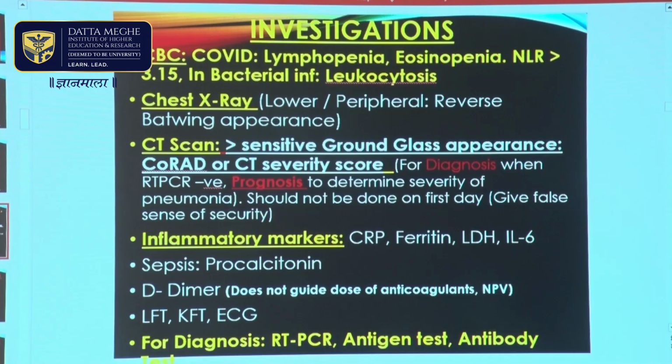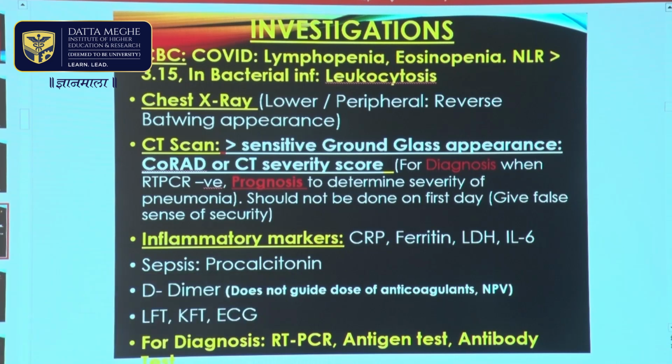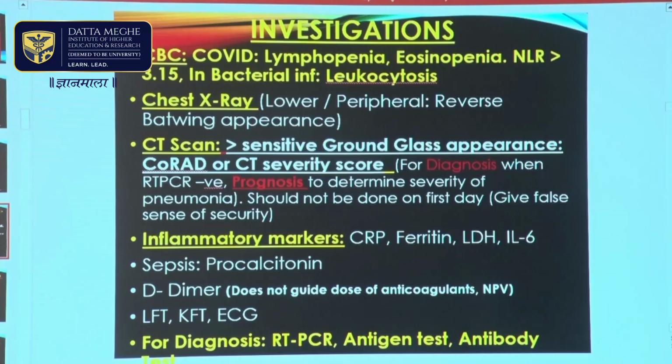CT scan is, of course, a much more sensitive way of finding lung infection in pneumonia, and a typical ground glass appearance is seen in COVID. CT severity scoring was done to classify COVID as mild, moderate, and severe. CORADS scoring is done.